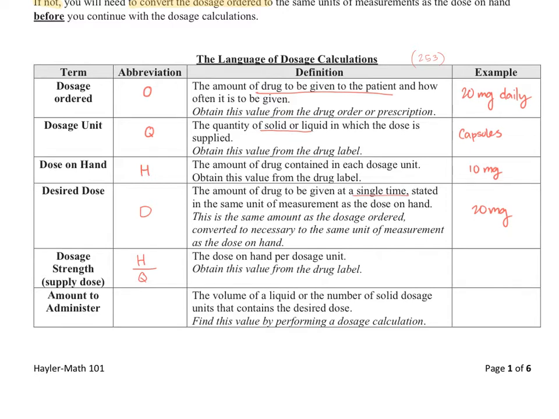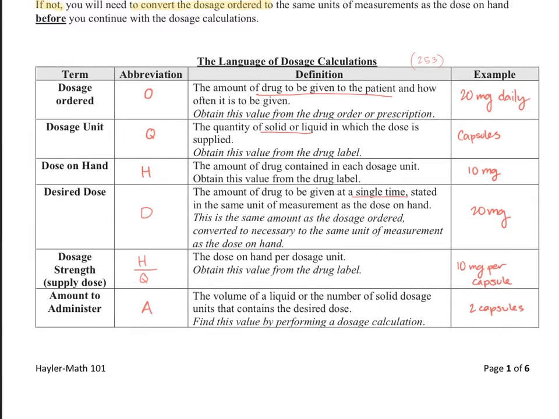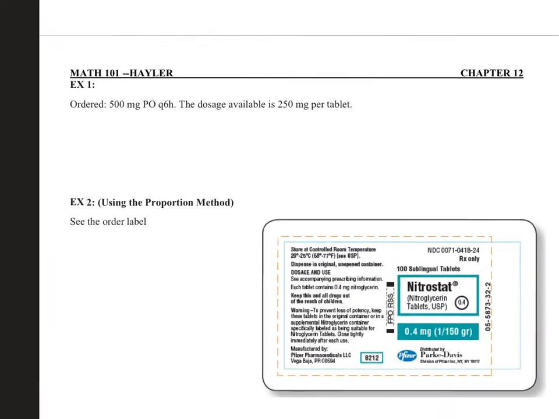And we're going to again obtain this from the drug label. So it might say something like 10 milligrams per capsule. And then the amount to administer would be a capital A. So the amount, or the volume of a liquid or the number of solid dosage units that contains the desired dose. For example, 2 capsules. Alright, so here we go with the main languages for dosage calculations. Let's move on.